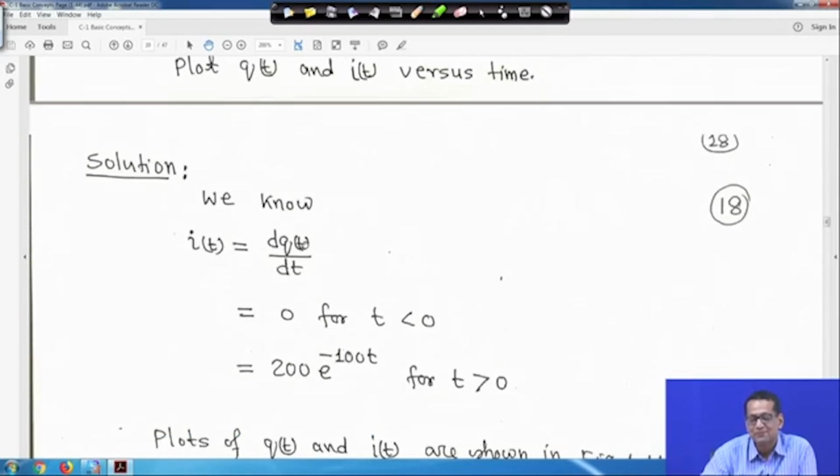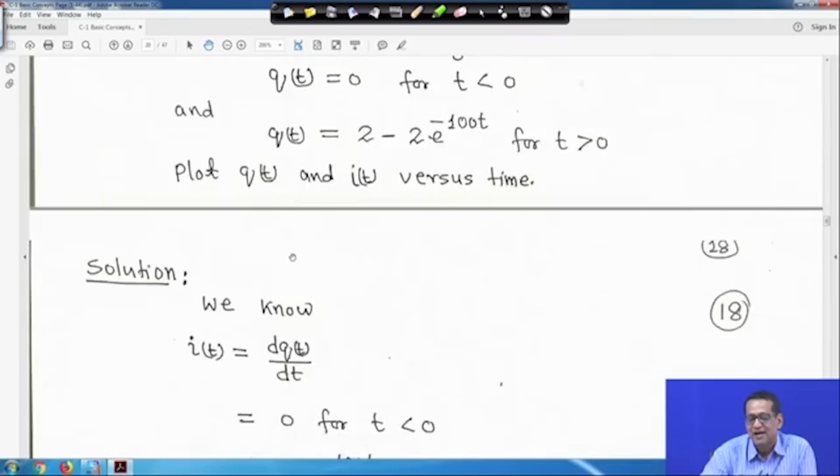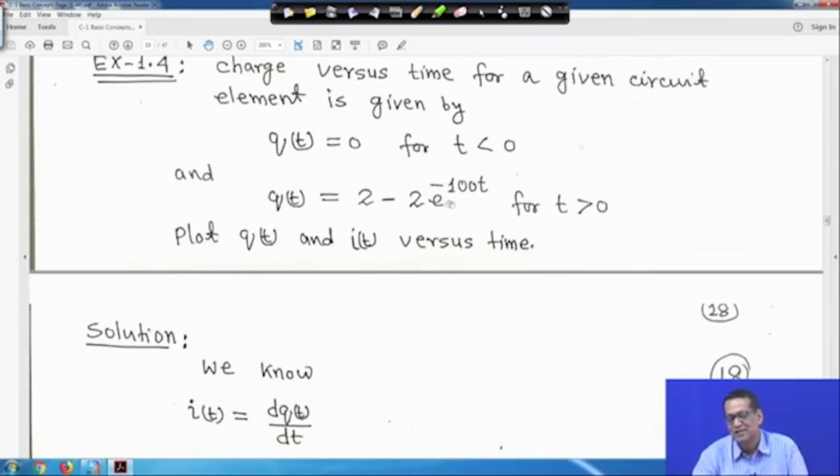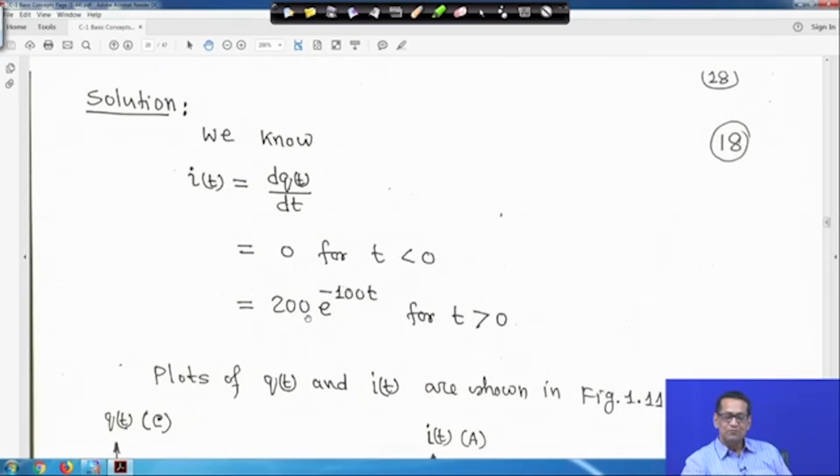In this case q(t) is equal to 0, so i is 0. When q(t) is equal to 2 minus 2 e to the power minus 100 t, you take the derivative dq(t) by dt. Then i(t) will be 200 e to the power minus 100 t for t greater than 0. Now, the plots of q(t) and i(t) are shown in figure 2.